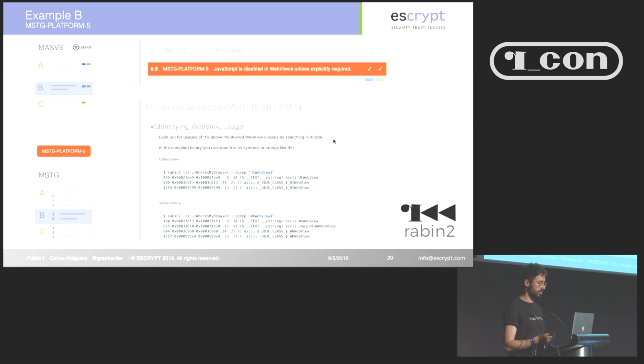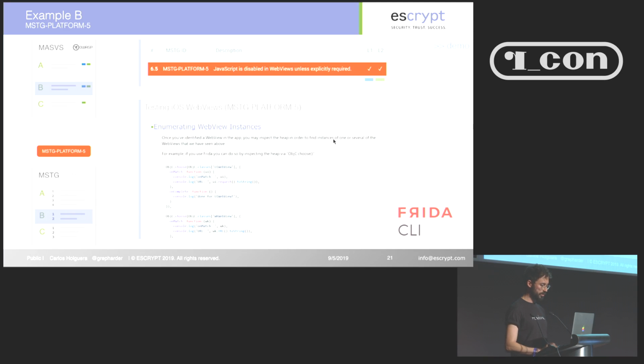The lines containing the classes will end with UIWebView or WKWebView. So we just extract the strings with Rubbing and then grep them with this regular expression. Very easy. So now we know, okay, there are some web views there, good.